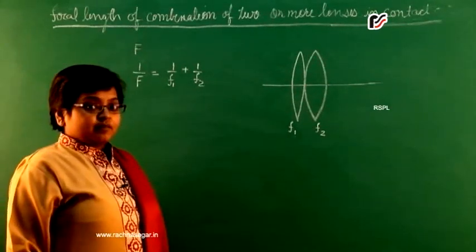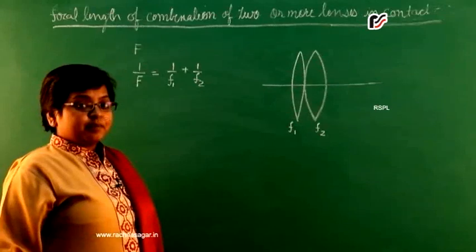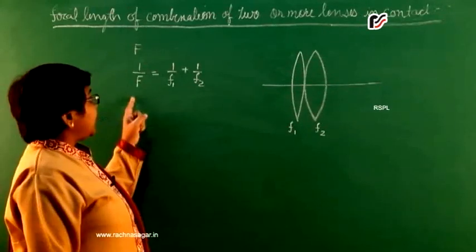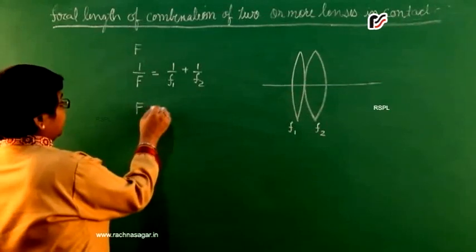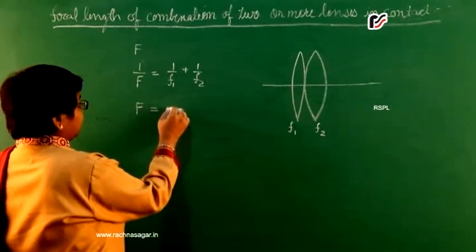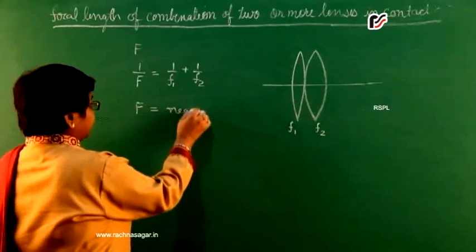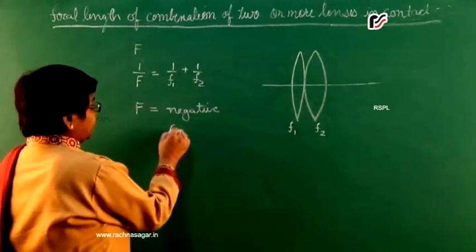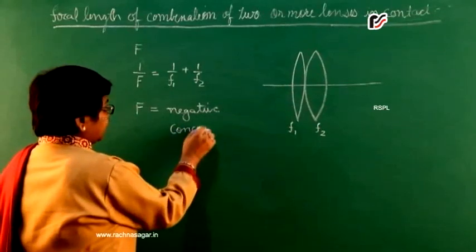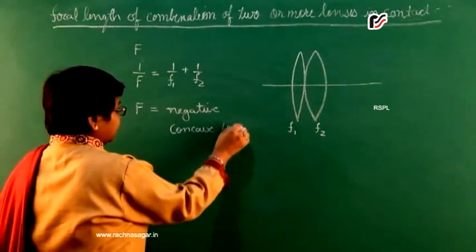The final nature of the lens depends on the sign of F. If the sign of F is negative, that means the combination behaves like a concave lens.